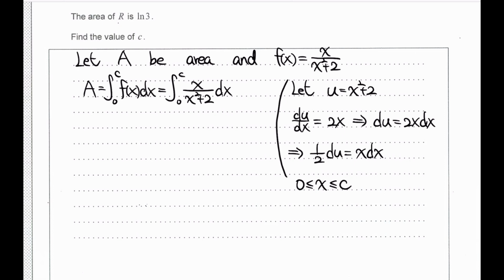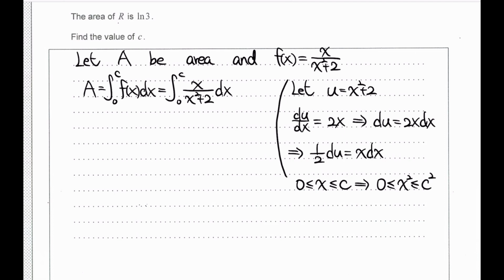So first we square the whole inequality, which gives us 0 is less than or equal to x squared, which is less than or equal to c squared. Okay, this implication holds because now x is greater than or equal to 0. So if we have an inequality for non-negative numbers, then we will have the same inequality for their squares.